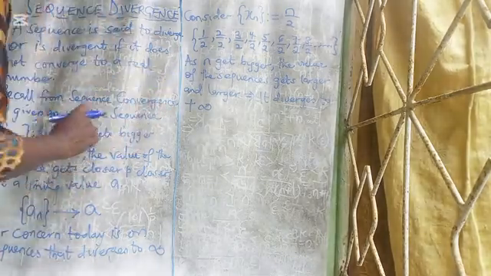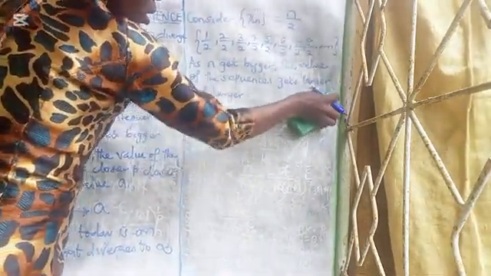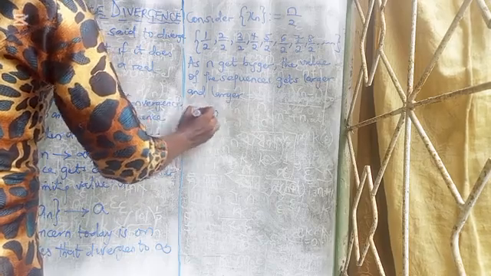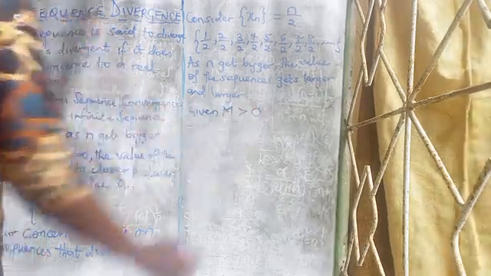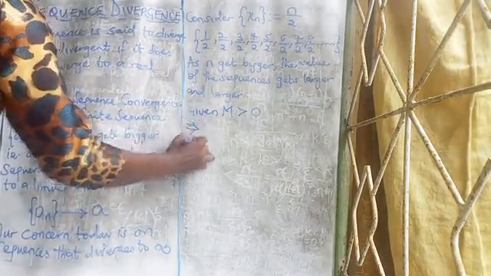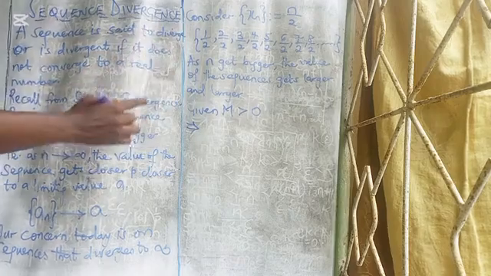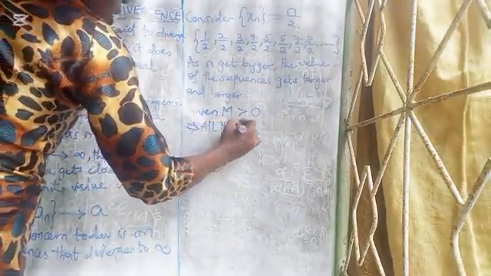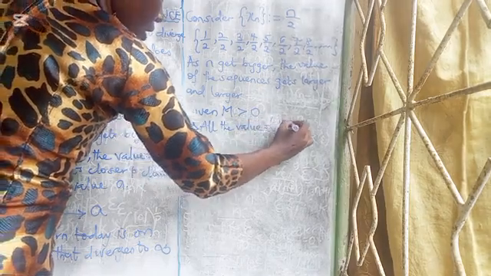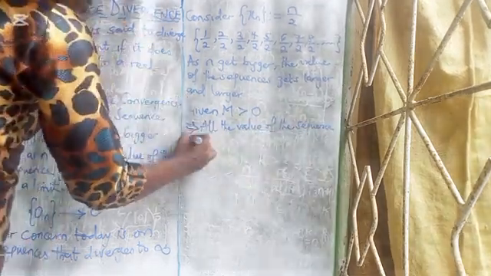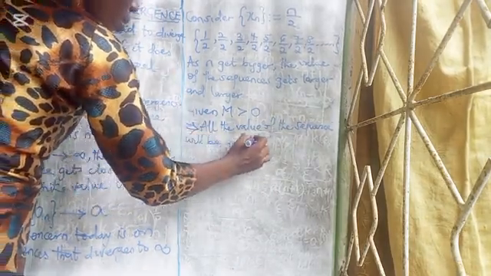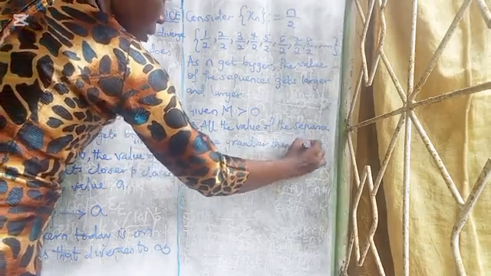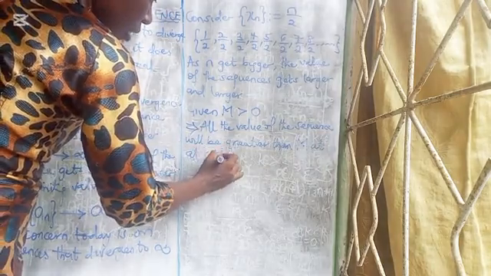Now, if we are given a big number m greater than 0, it implies that all the values of the sequence will be greater than m at a certain point.